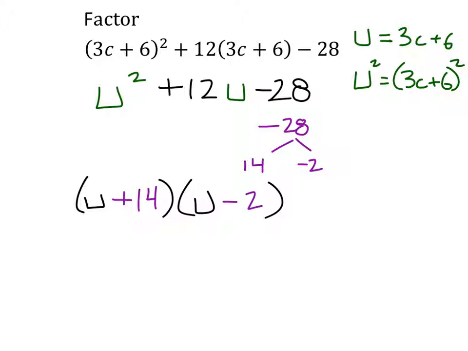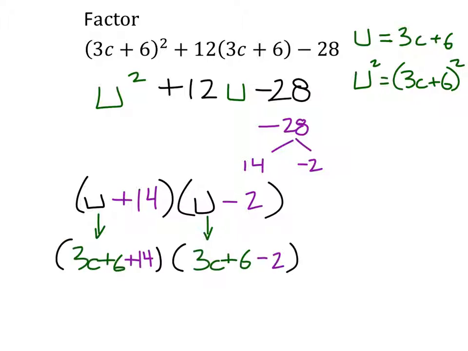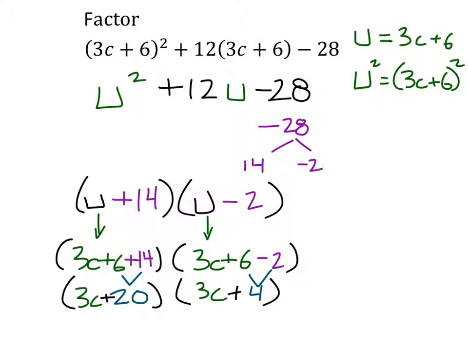But u represents that binomial, right? So I'm going to replace both u's with 3c plus 6, with the rest of it just staying the same. And there's no multiplication of that u, which is actually kind of nice, which allows me now to combine like terms, 6 and 14. All right, so 6 plus 14. And, well, I don't see any greatest common factors to take out of those. So it looks like that's going to do it.